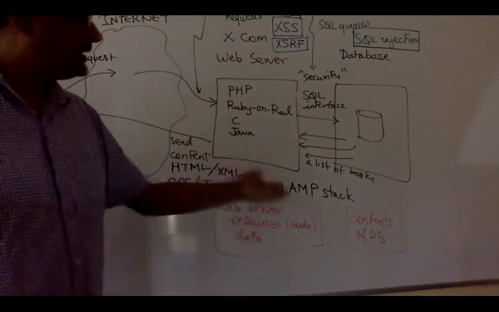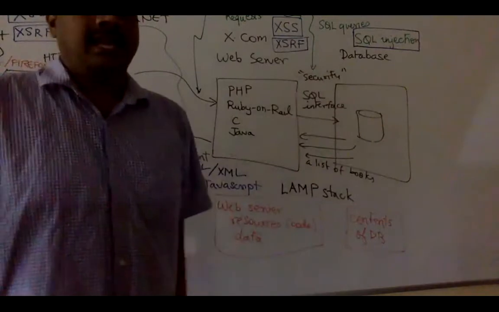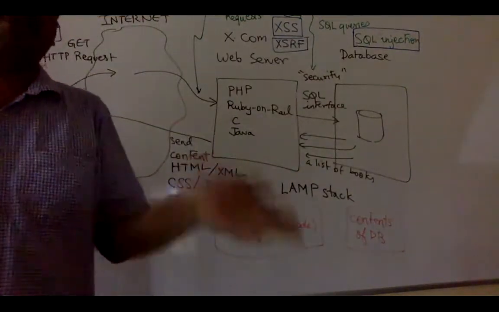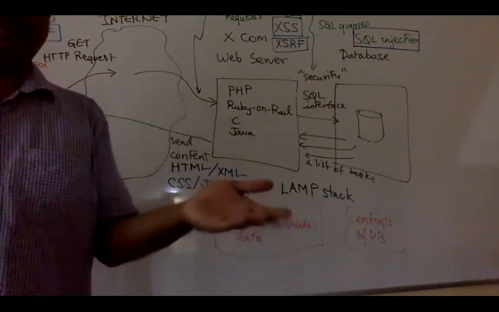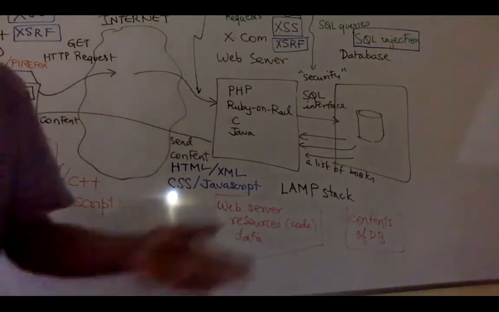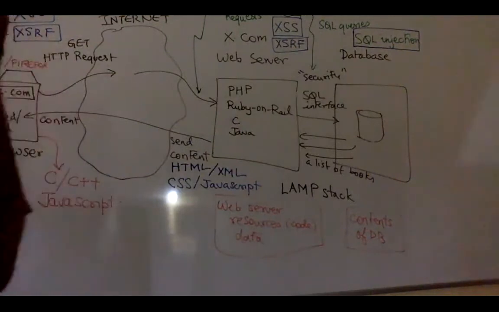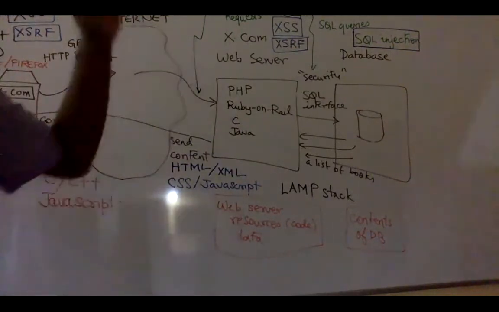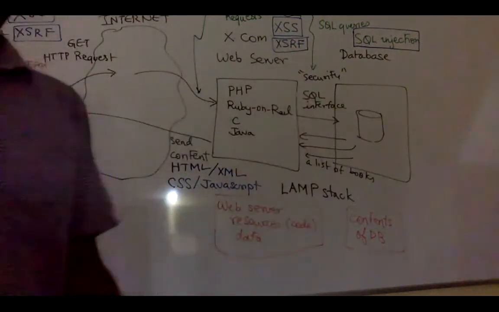So for example, if there is a product on sale for 1,000 rupees, you don't want an attacker maliciously modifying that entry to make it 1 rupee, because now the attacker is going to be able to make a killing by just buying things for extremely cheap. So you care about both the confidentiality and the integrity of the content from that site.